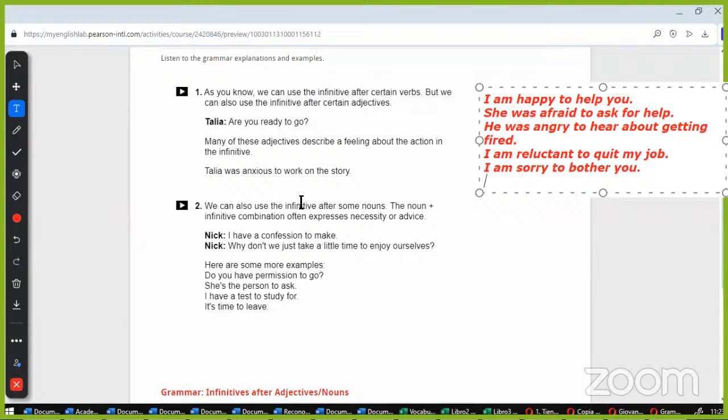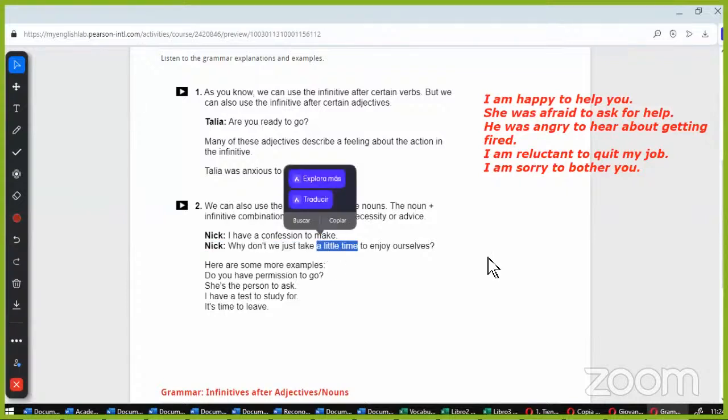We can also use the infinitive after some nouns. The noun plus the infinitive combination often expresses necessity or advice. I have a confession to make. Okay, a confession to make. Why don't we just take a little time? A little time, that's a noun, to enjoy yourselves.